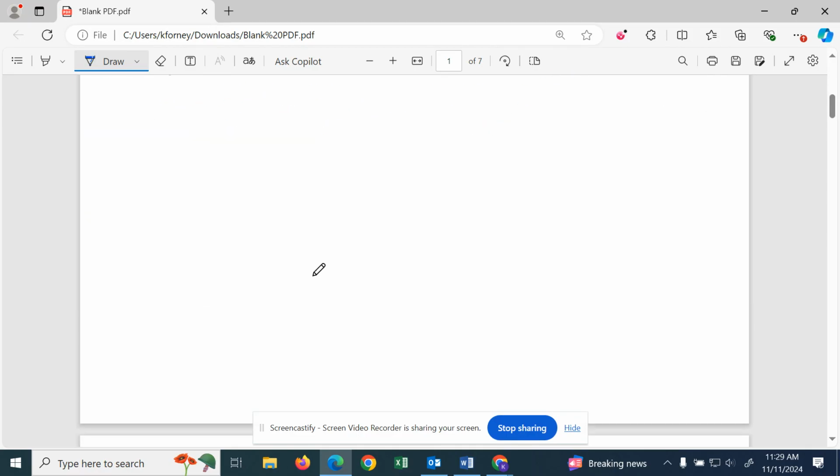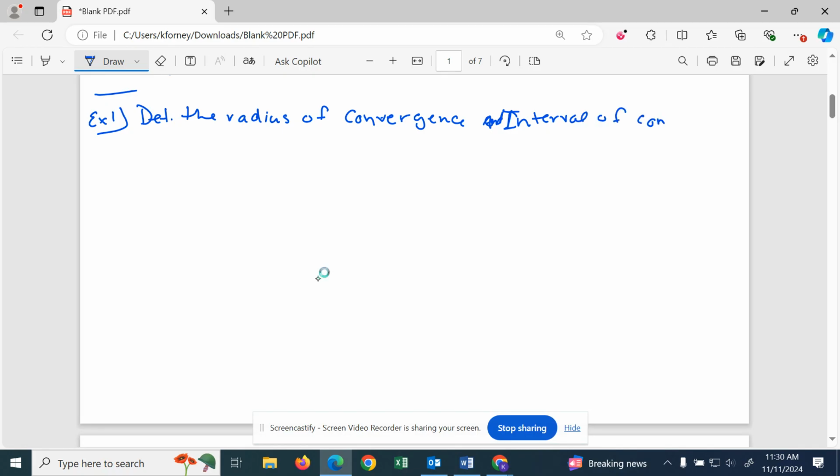So let's look at some examples. In example 1, let's determine the radius of convergence and interval of convergence for the following series.